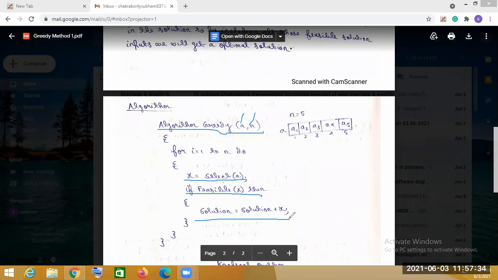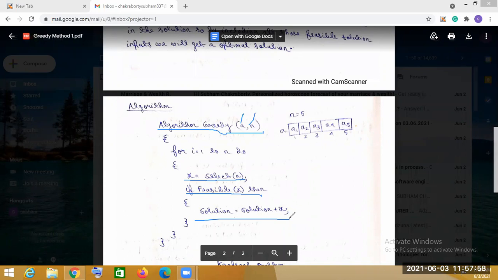But there may be some problems that only follow the greedy approach, so for solving those problems, we can only follow the greedy approach. It may happen based on conditions or solutions. So first, the thing we will see is the knapsack problem.